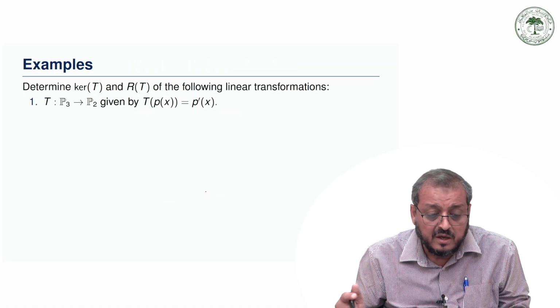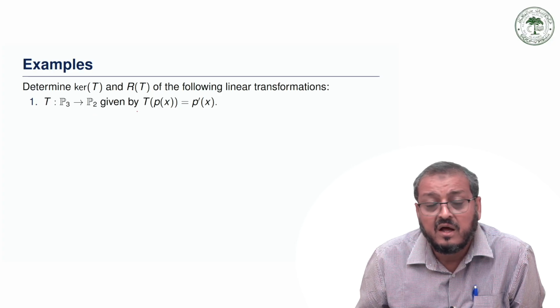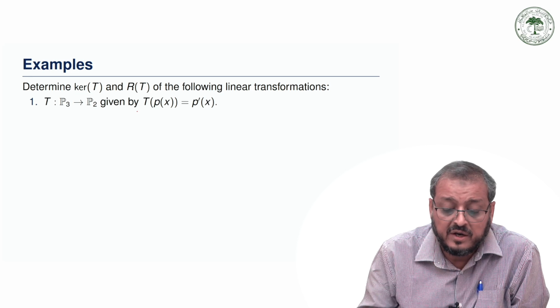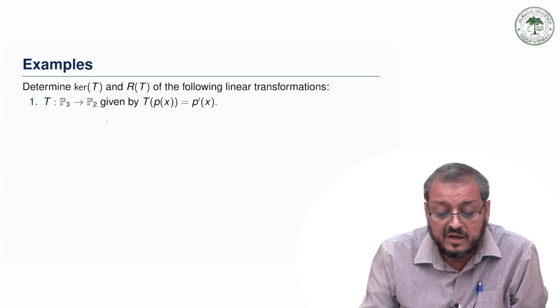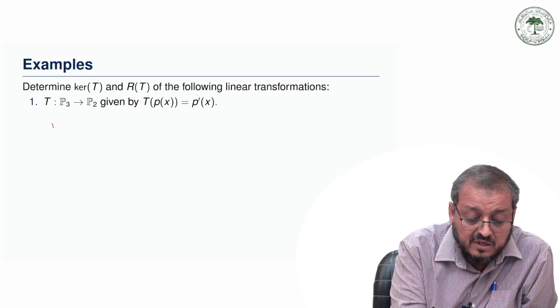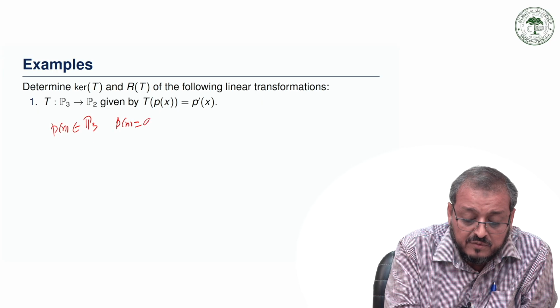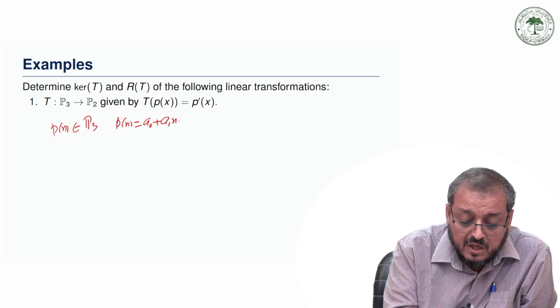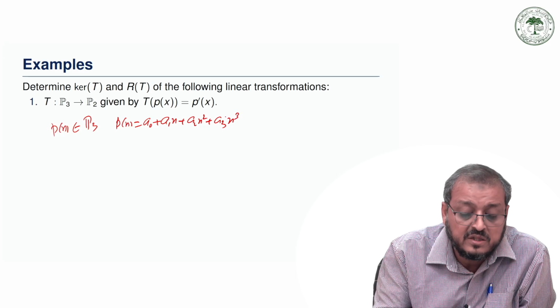Suppose we take polynomials, P2 to P3, then we have to find the kernel and the range of this linear transformation. Clearly this is a linear map. Since p(x) is an element of P3, p(x) is of the form a0 plus a1x plus a2x square plus a3x cube.